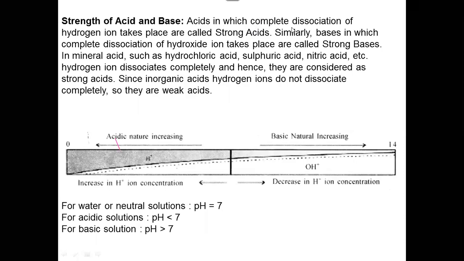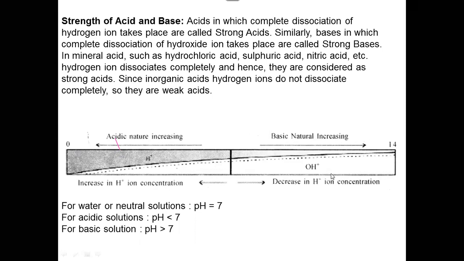So acids which completely dissociate are called strong acids, and bases which completely dissociate are called strong bases. Mineral acids, hydrochloric, sulfuric, and nitric, are strong acids, and the weak acids are acetic acid and formic acid. They give a lesser amount of H plus ion in their solution after dissociation.